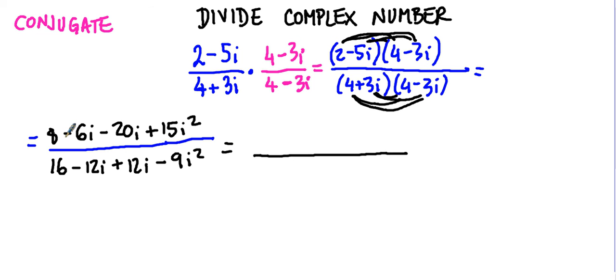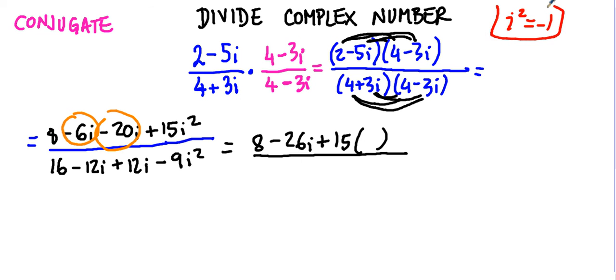Continue. So on the top we have 8. I copy the 8. Next thing we can simplify is we have negative 6i and negative 20i, so that's going to be negative 26i plus 15, and then we have i squared. Remember, i squared equals negative 1.